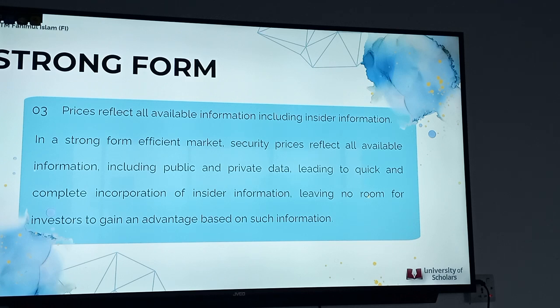No investor can gain an advantage over others based on inside information, as it is already reflected in the stock price. This level of efficiency is considered the most robust, as it ensures that all relevant information, regardless of its source, is instantly factored into security prices.